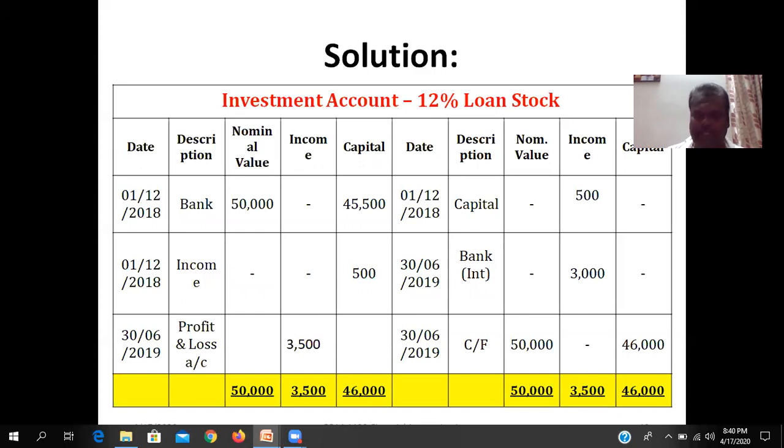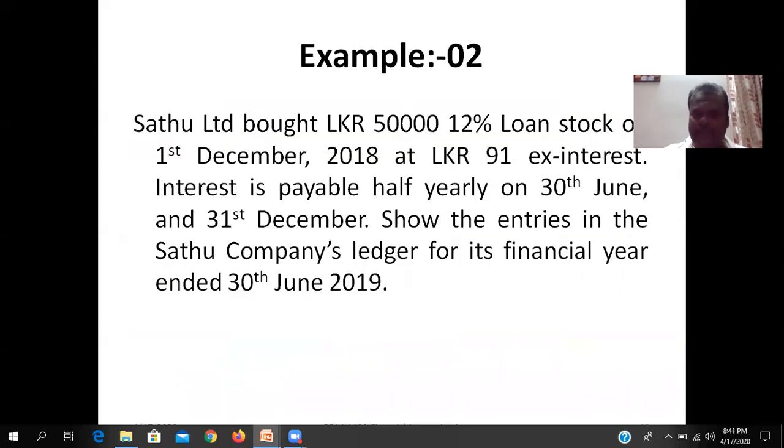What is the entry for the purchase of investment? Investment account debit and bank account credit. So then we will debit it to the investment account, the date on 1st December 2018, description bank, the nominal value 50,000. But then capital value we should compute it. It was purchased at 91.